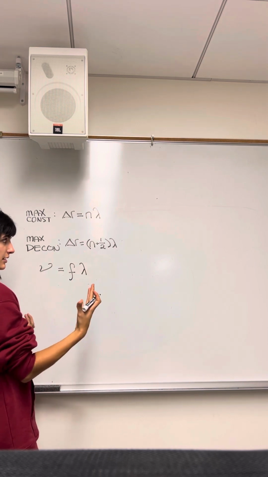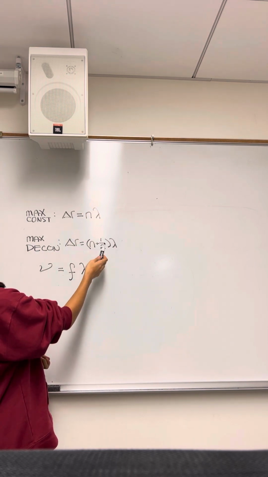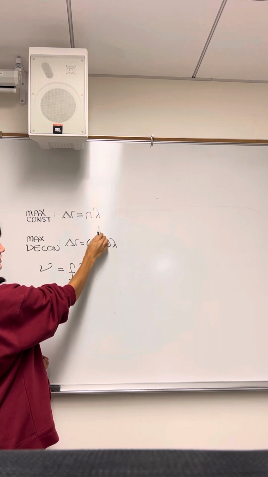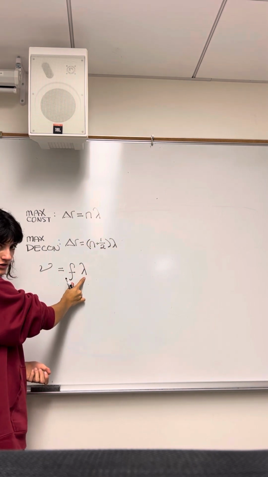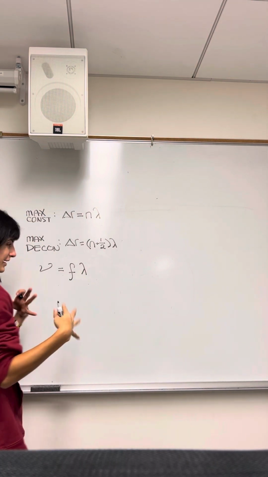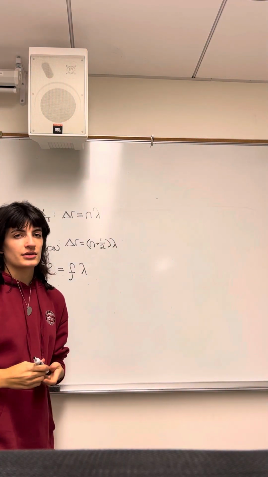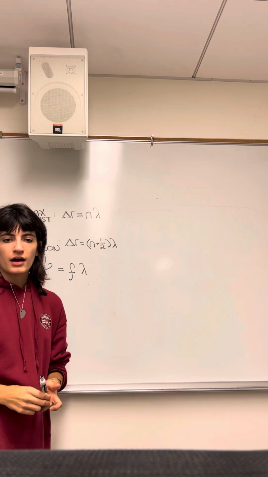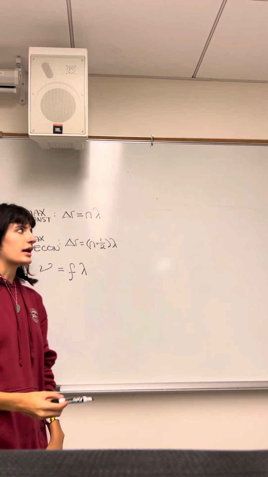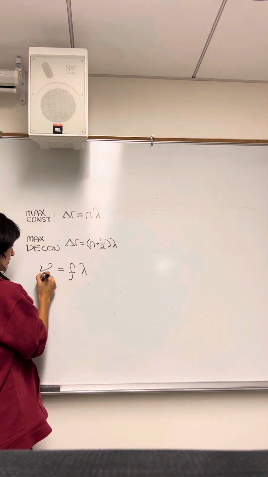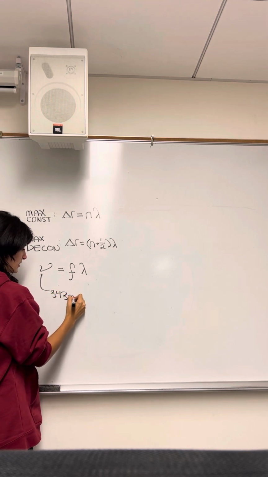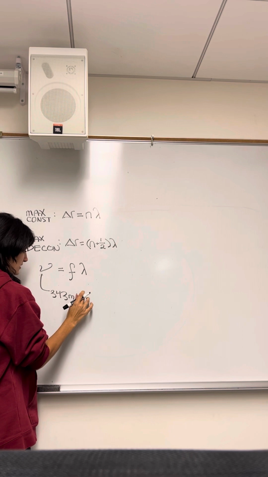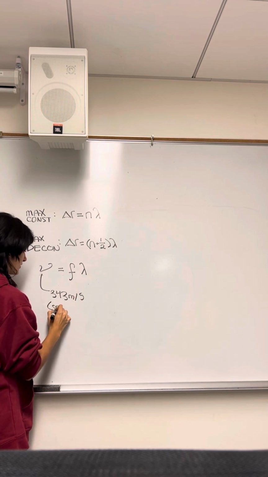Now, if we're able to find this lambda using these equations, we can just plug it into here to solve for our frequency. Better yet, we know that this sound is traveling through air, and the speed of sound in air is equal to 343 meters per second.